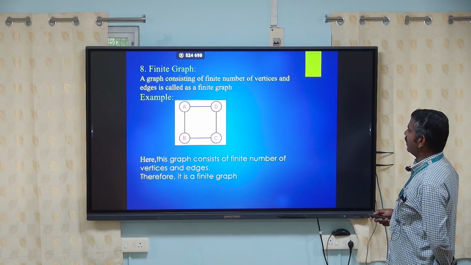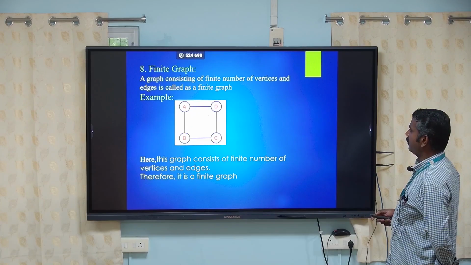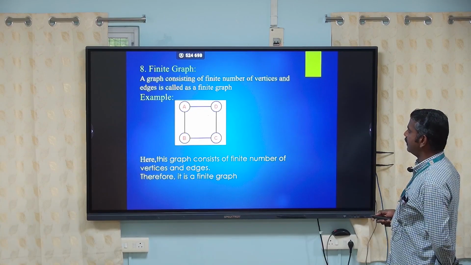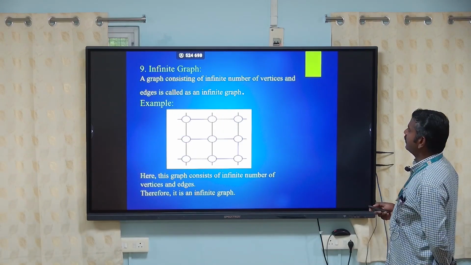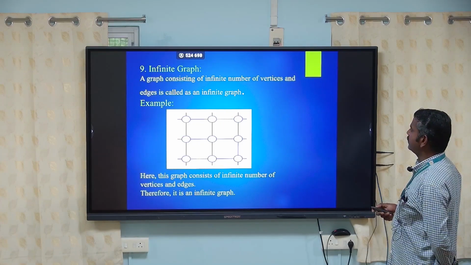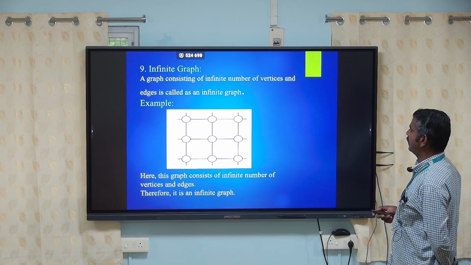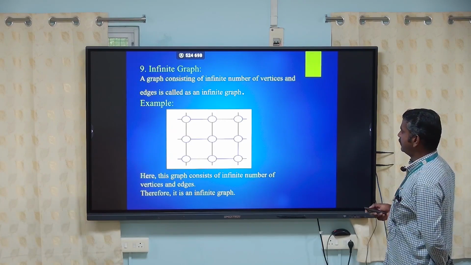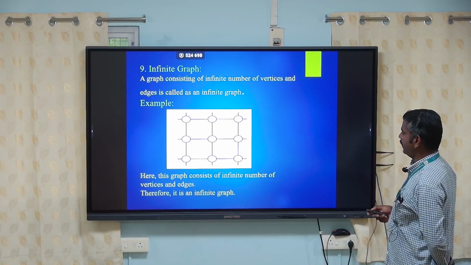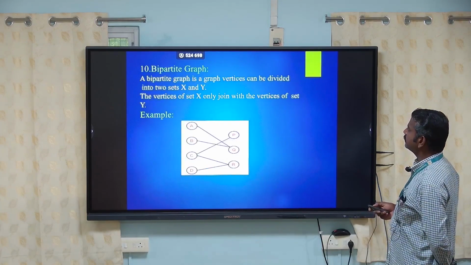Finite graph. A graph consisting of a finite number of vertices and edges is called a finite graph. Here 4 vertices are finite and 4 edges are finite. Therefore, it is a finite graph. Infinite graph. A graph consisting of an infinite number of vertices and edges is called an infinite graph. Example, infinite number of vertices and infinite number of lines. Therefore, it is an infinite graph.